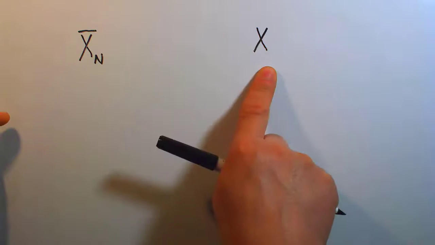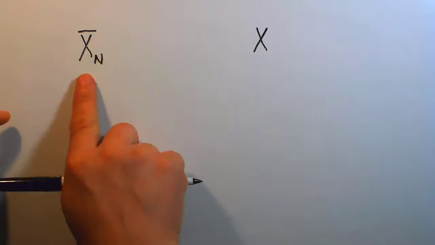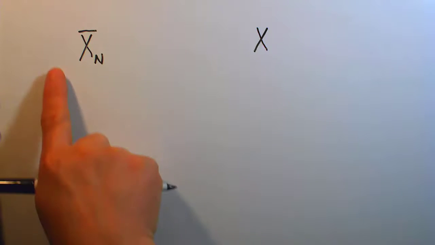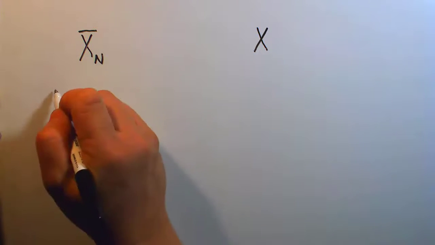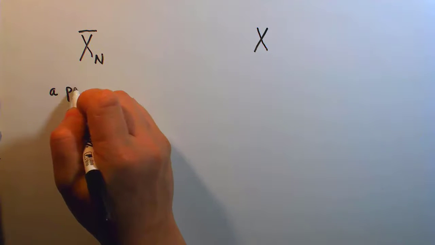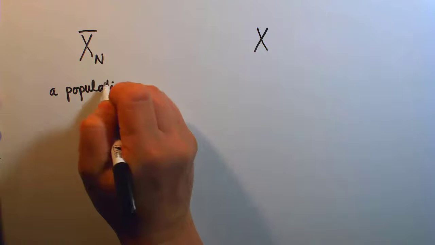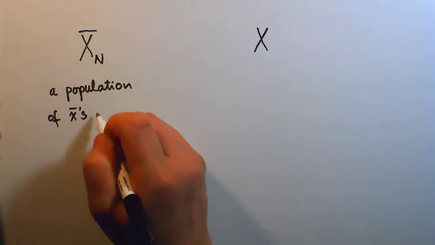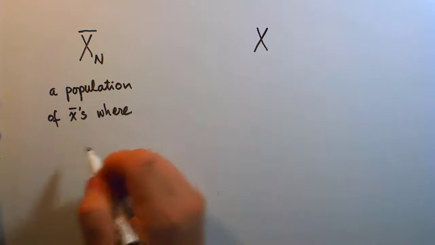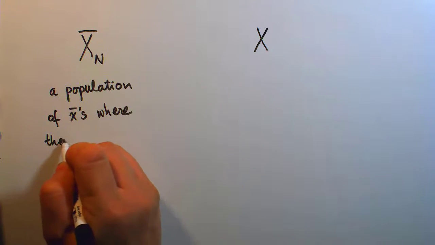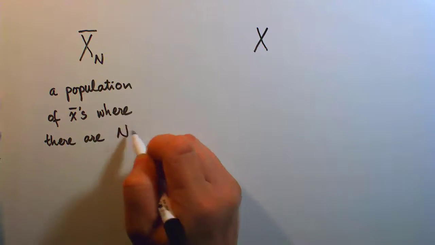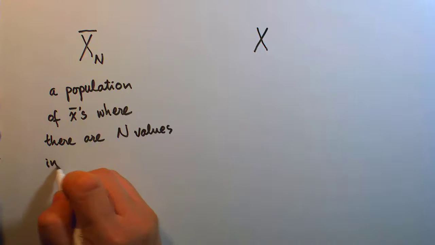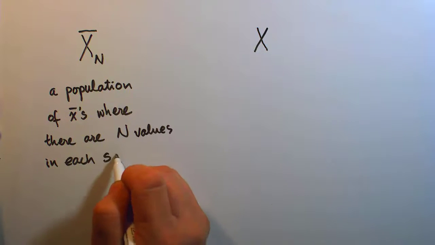These are two random variable names, but after some thorough discussion previously, any random variable named this way right here represents a population of sample means values, where there are n, that's the sample size, so n values in each sample.